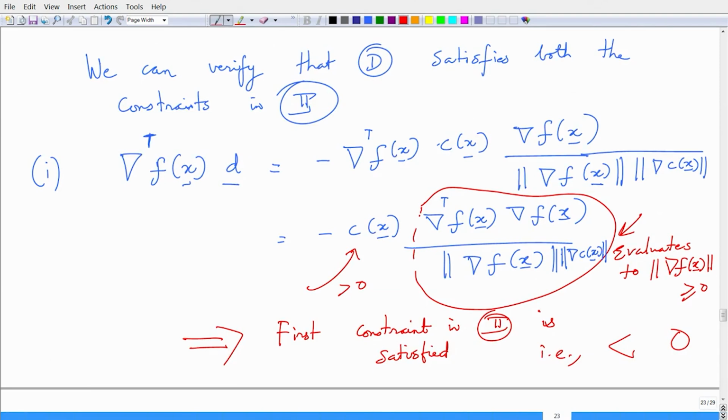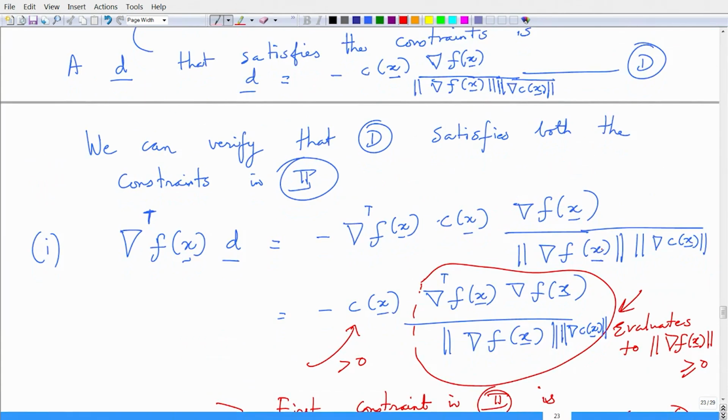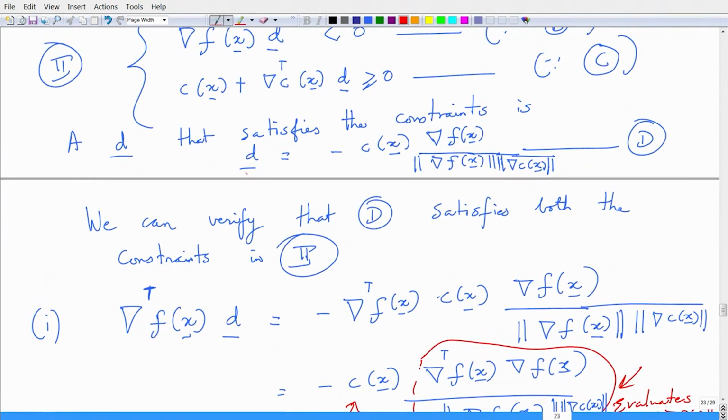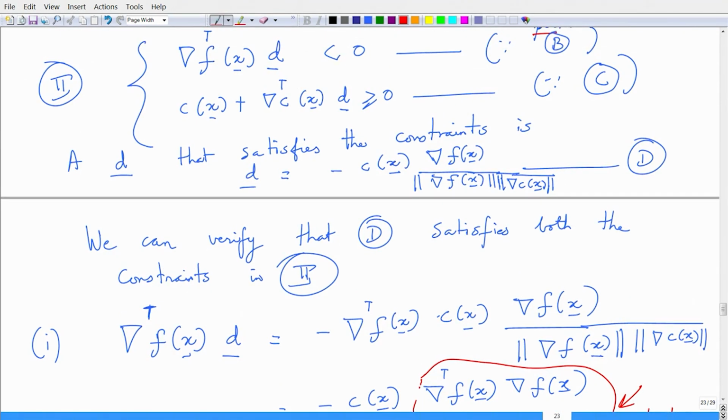Now, let us verify that equation D, which gives me the feasible direction D, satisfies the constraints given in the inequality set number 2.